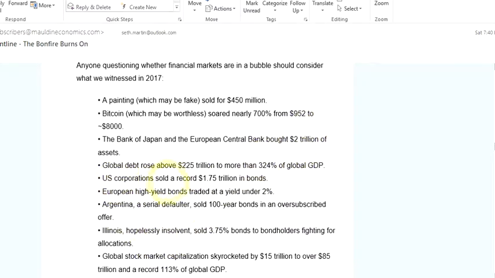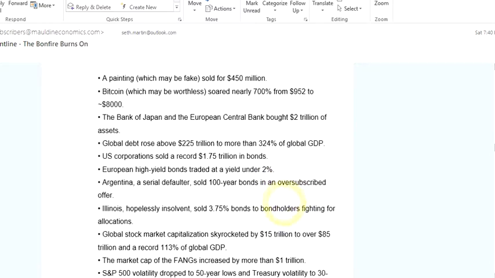U.S. corporations sold a record $1.75 trillion in bonds. European high-yield bonds traded at a yield under 2%. High-yield bonds are normally trading between 7 and 12%, sometimes even higher, sometimes around 15% or so. Argentina, a serial defaulter, sold 100-year bonds in an oversubscribed offer.